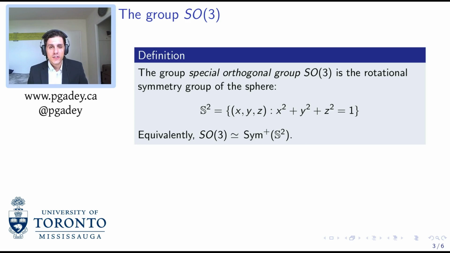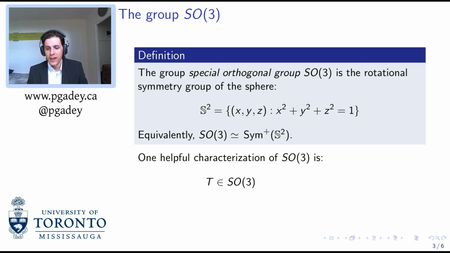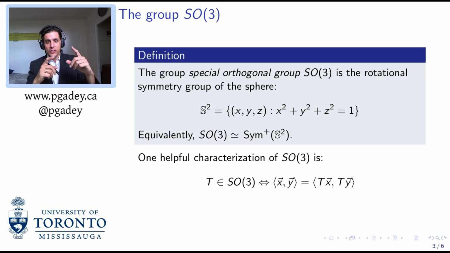An equivalent way of stating the definition of the special orthogonal group is that something is in the special orthogonal group if it preserves the metric. So if for any pair of vectors v and w, the inner product of those vectors is the same before and after applying the transformation.